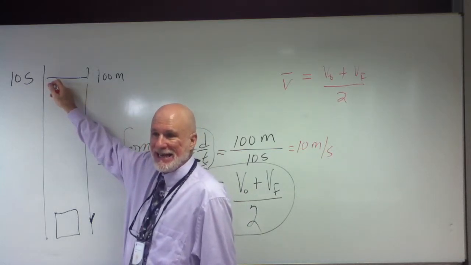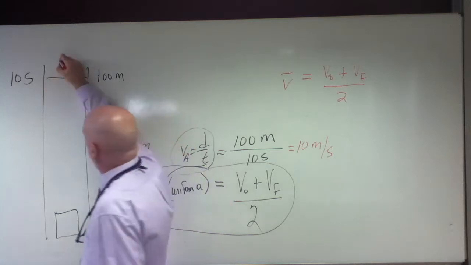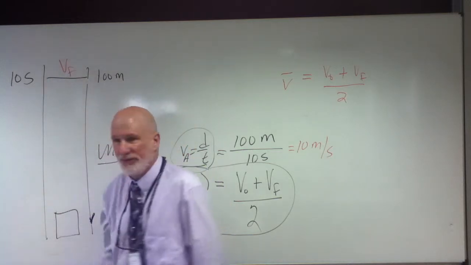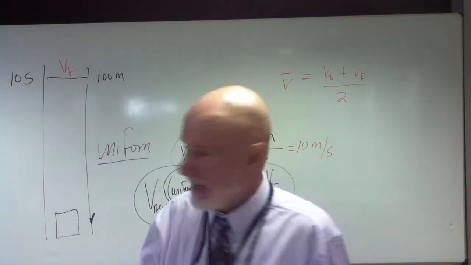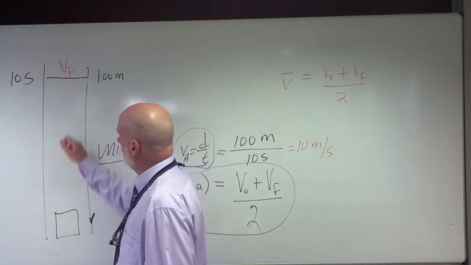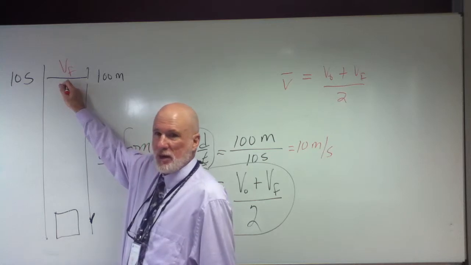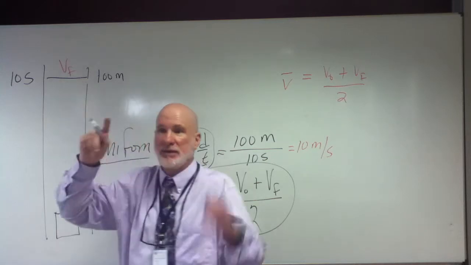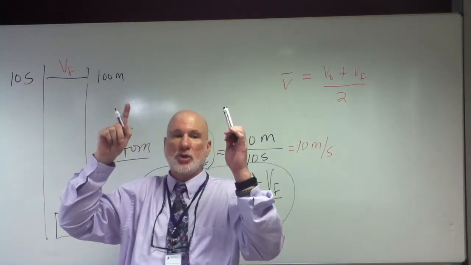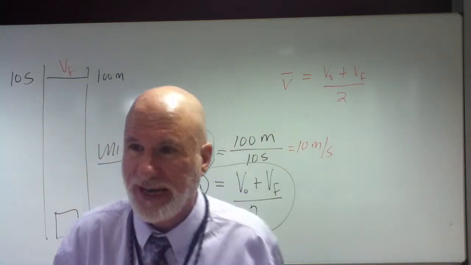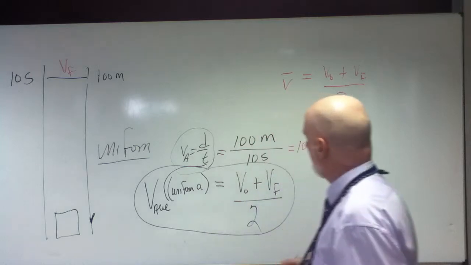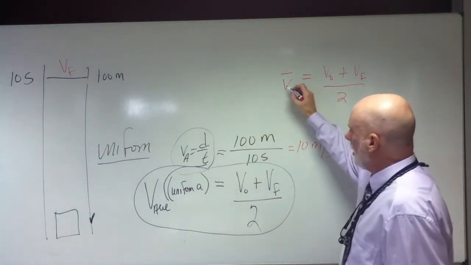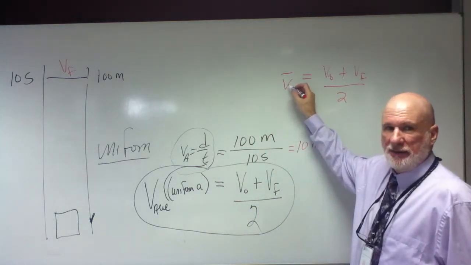Isn't the instantaneous velocity there VF? Yes? I accelerated. However fast you were going there, isn't that what the camera takes the picture of? Which horse was going faster, which car was going faster, photo finish, you've heard of it, right? Okay.